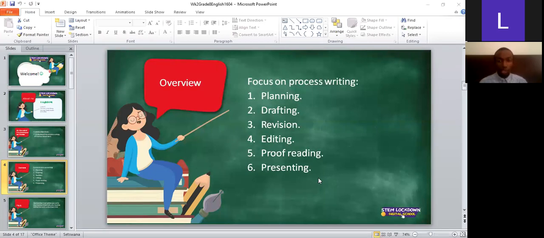The first step is planning. Second step is drafting. The third step is revision. The fourth step is editing. The fifth step is proofreading. And the last step is presenting. Let's get down to it.